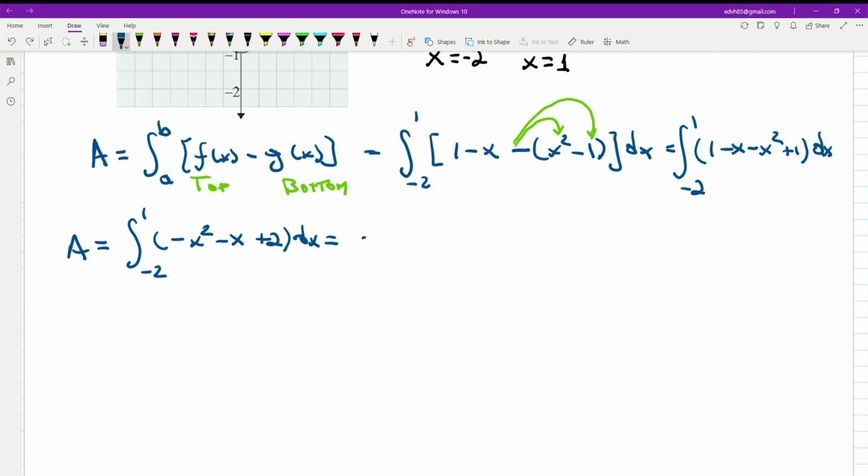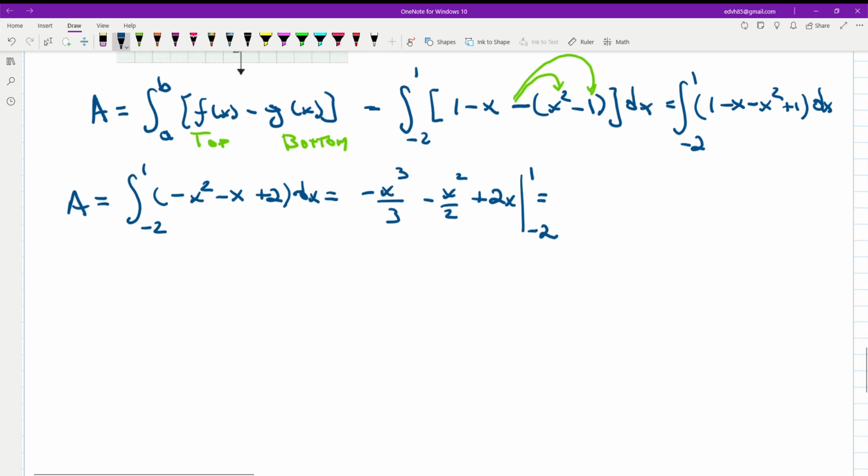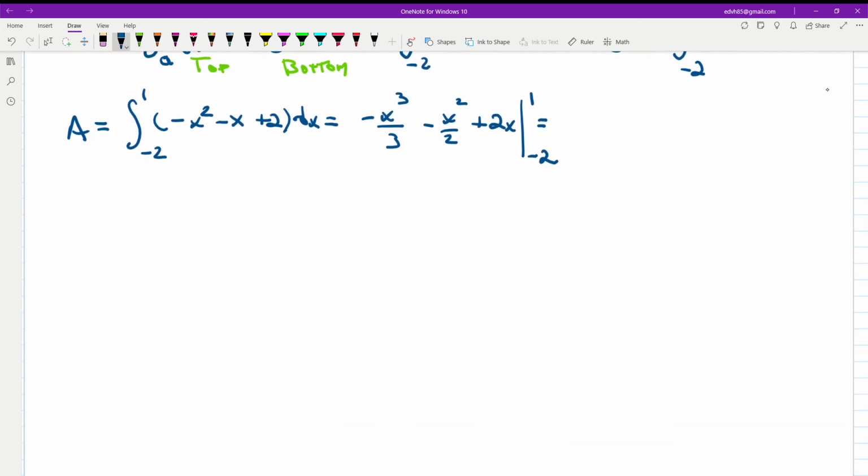We now integrate -x cubed over 3 minus x squared over 2 plus 2x from -2 all the way to 1. So the remaining part of the problem is the fundamental theorem of calculus: evaluate at the upper limit minus evaluate at the lower limit. I may not have enough space here, so let me go down here.